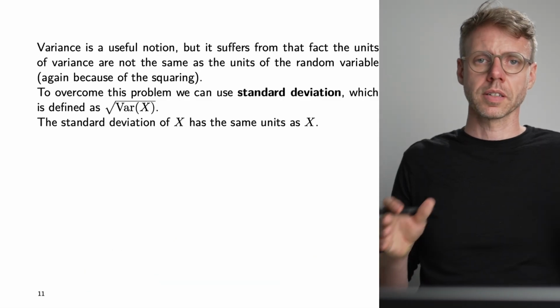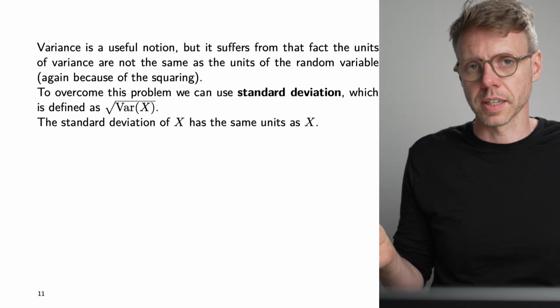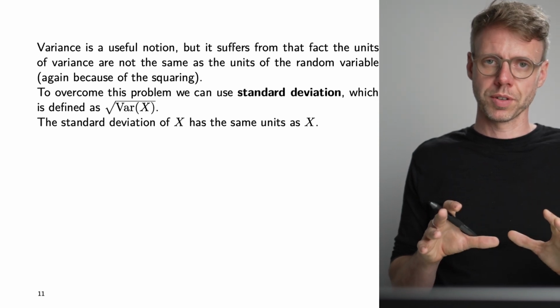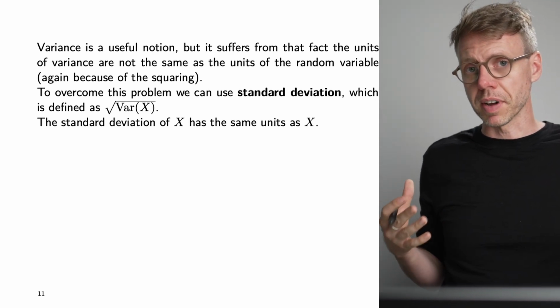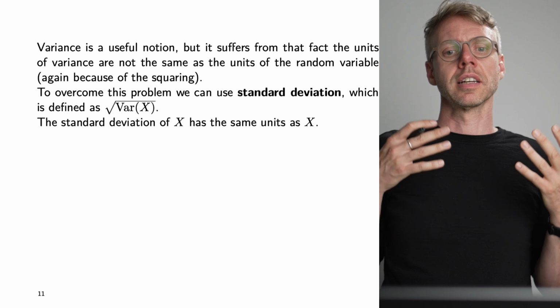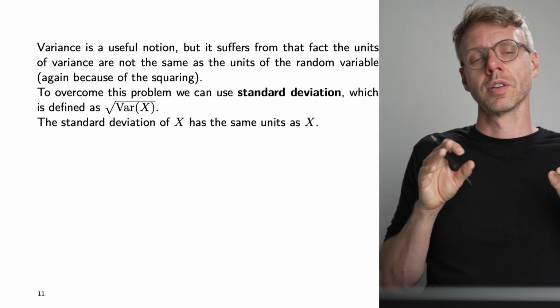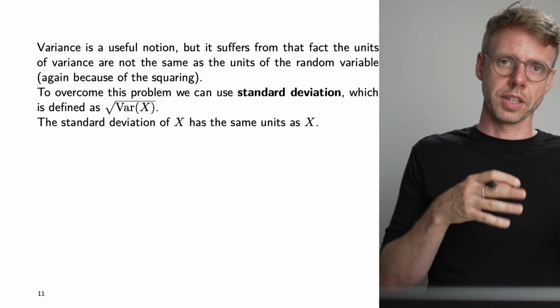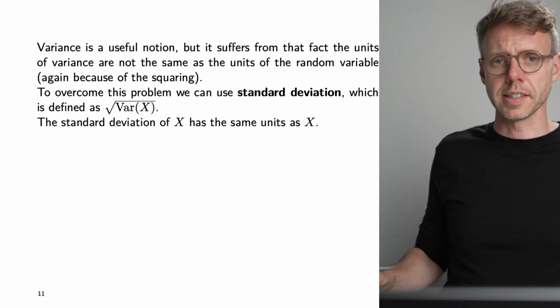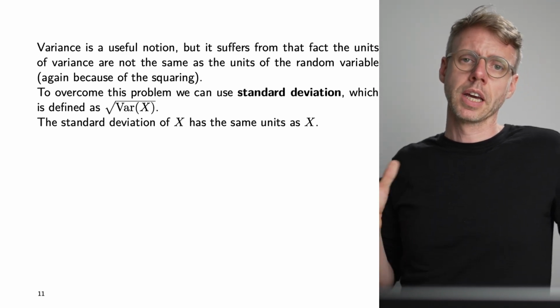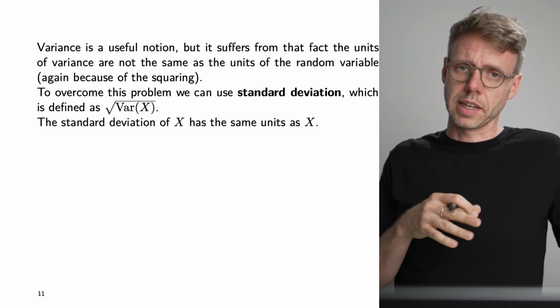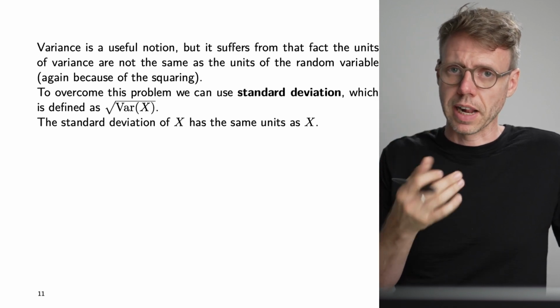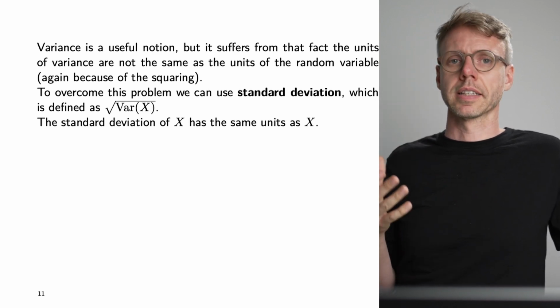Now variance is useful because it gives us an idea of the spread of a distribution. However, the problem with variance is that it scales as the square of the units of the variable. So it's not easily comparable with the mean and not easily comparable with the values that x takes.